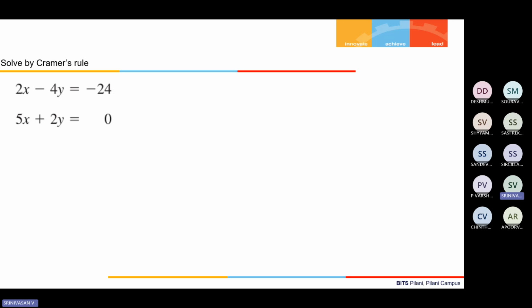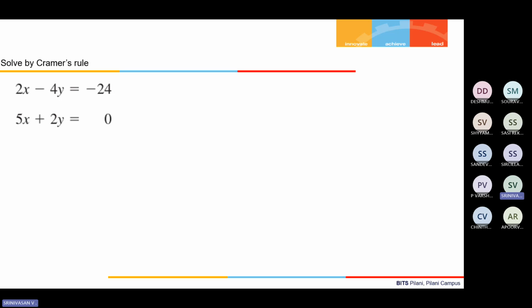So you need to first find D, the determinant of what? A. What is A? Matrix of coefficients. You need to find the determinant of the matrix of coefficients.